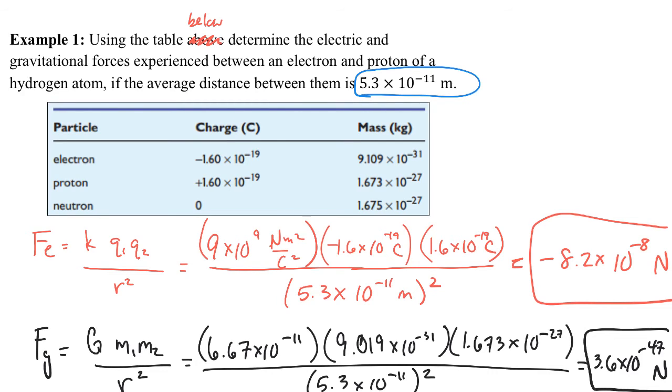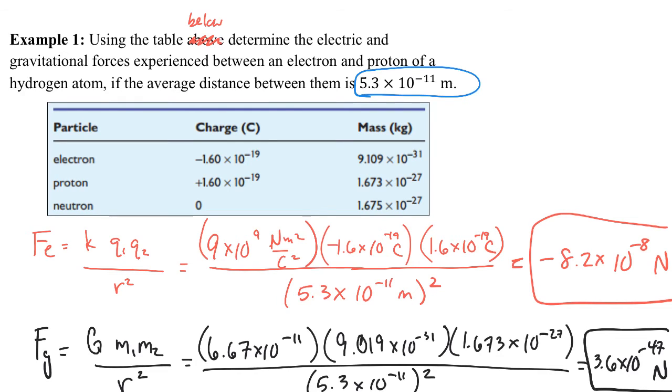So, write this down. When there's a two-particle system, because we're going to look at a three-particle system next, the negative sign here just indicates that it's an attractive force.